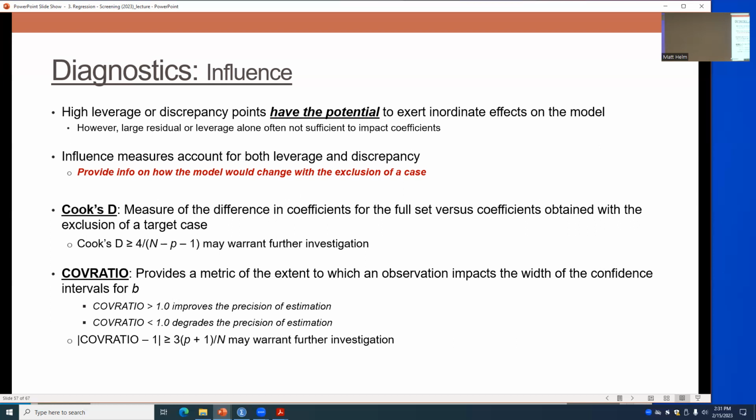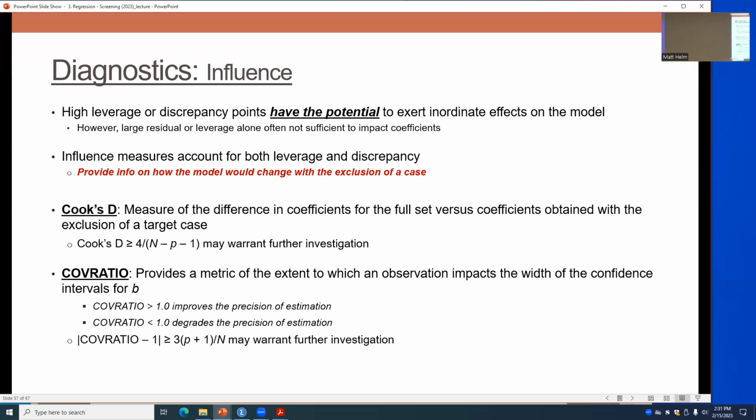Okay, we also have covariance ratio. Okay, this is an index of the extent to which an observation in our model starts to impact the width of our confidence bounds for our coefficients. Okay, so if I have this case in or I pull this case out, how does this change the confidence bounds of my coefficients?